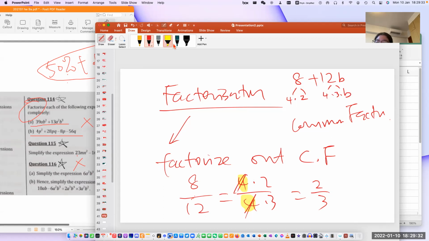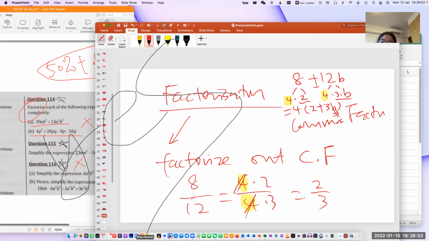So you can see that you have a common factor 4. So you have a common factor 4, then you factor it out. Then 2 left plus 3b. Are you clear? So this is the factorization. Are you clear? Okay, good.